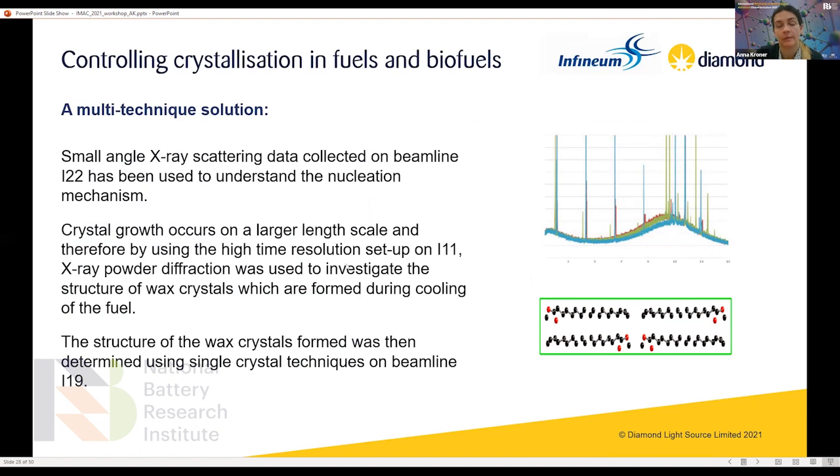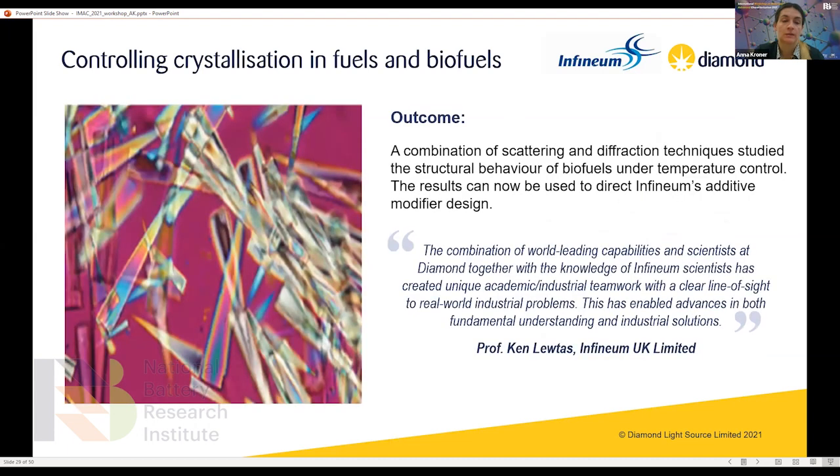They were able to perform in situ measurements on the powder crystalline form of the sample. That work was very successful. They were able to identify the conditions where the crystallization is happening, and study a range of different additives and see how they perform.